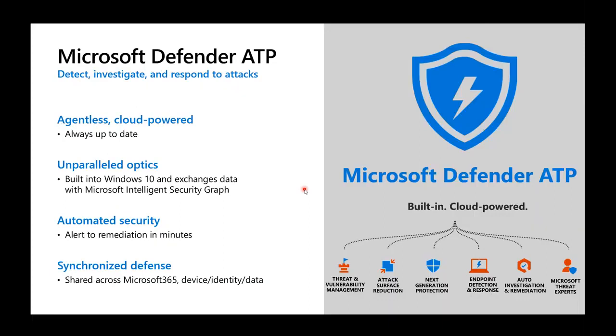Windows Defender Advanced Threat Protection, currently considered to be the number one in managing and securing your Windows 10 devices. Windows Defender ATP also comes as a part of your Enterprise Mobility and Security suite, but the E5 license.